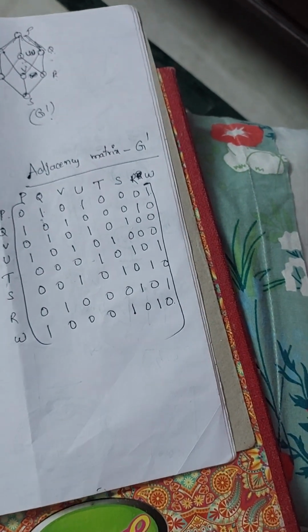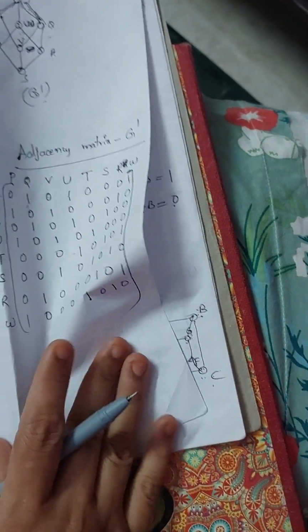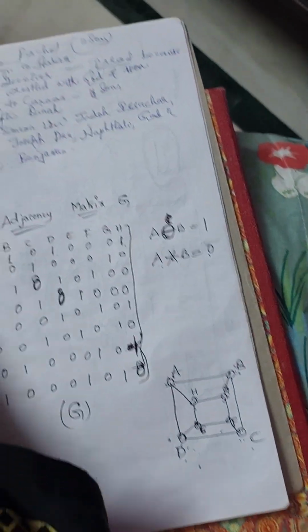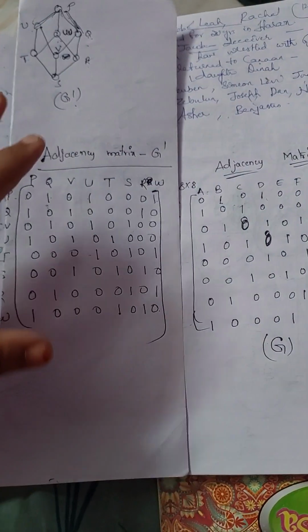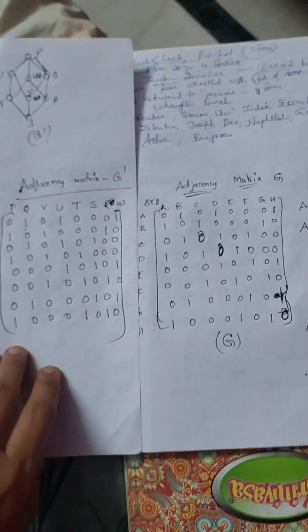So this is the adjacency matrix for G dash, and this is the adjacency matrix for G. Are both the same or not? We can observe it.